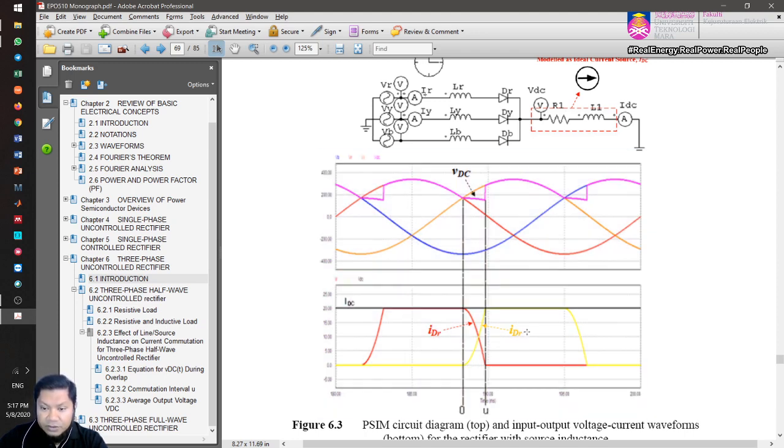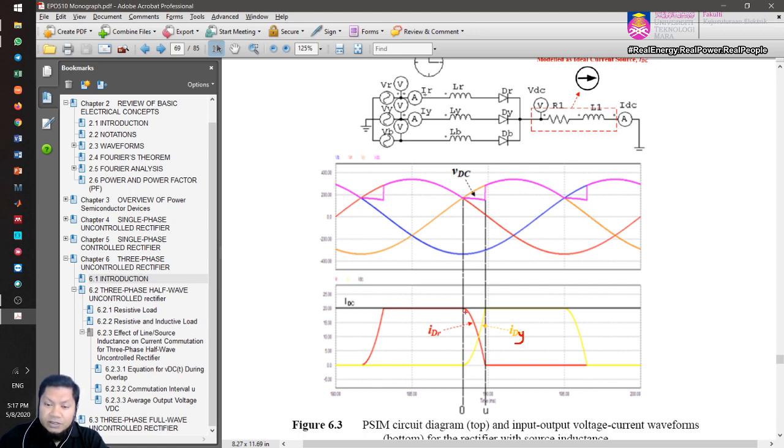Okay, sorry, this should be yellow, this should be IY here. So the IY will increase.